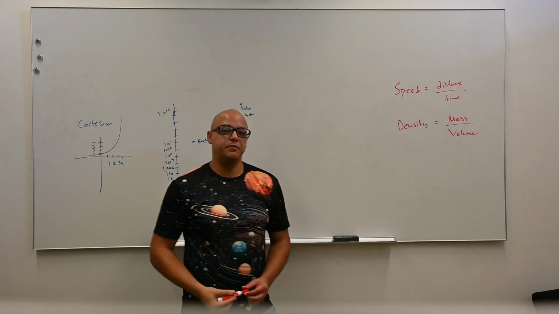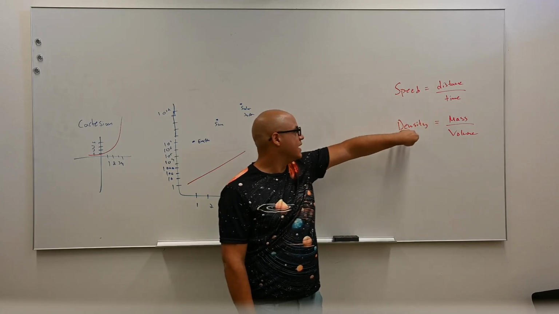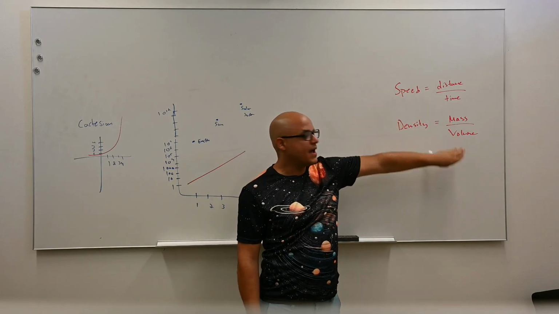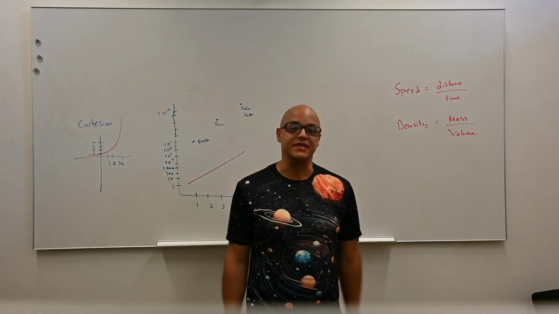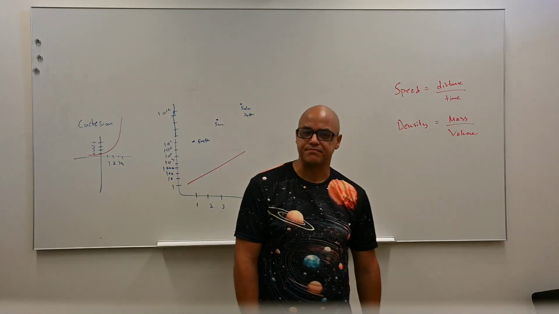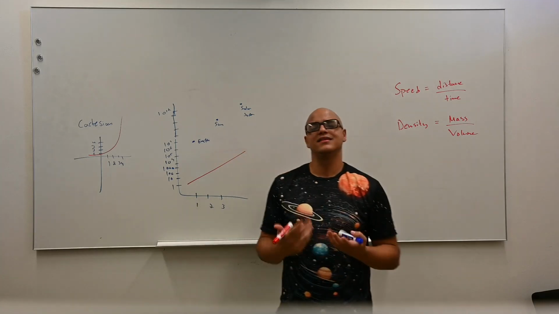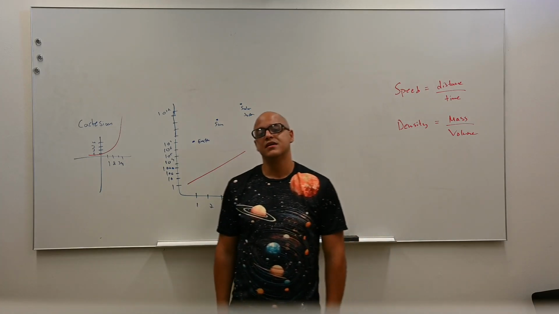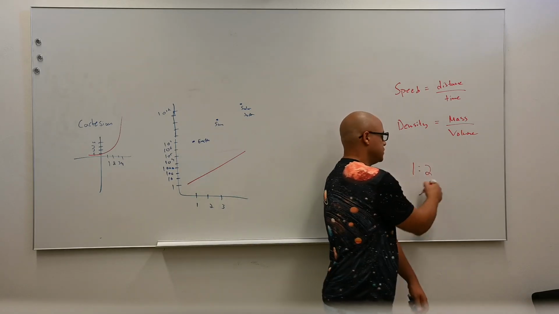So we can see that speed is just a ratio between distance and time, and density is this ratio between mass and volume. And ratios are everywhere in physics. I could have written down hundreds of equations. Anytime you have something divided by something, that is essentially a ratio. Although sometimes you can write ratios like this, like 1 to 2, 1 to 3.